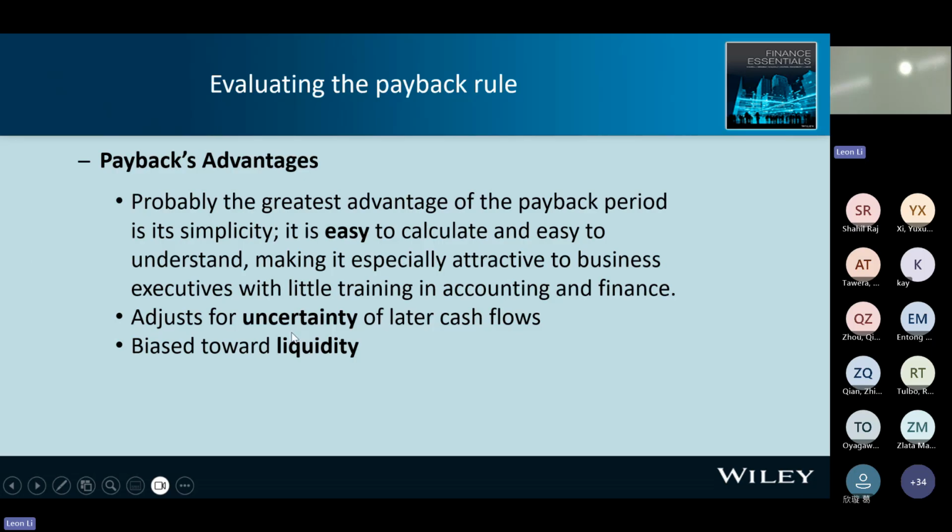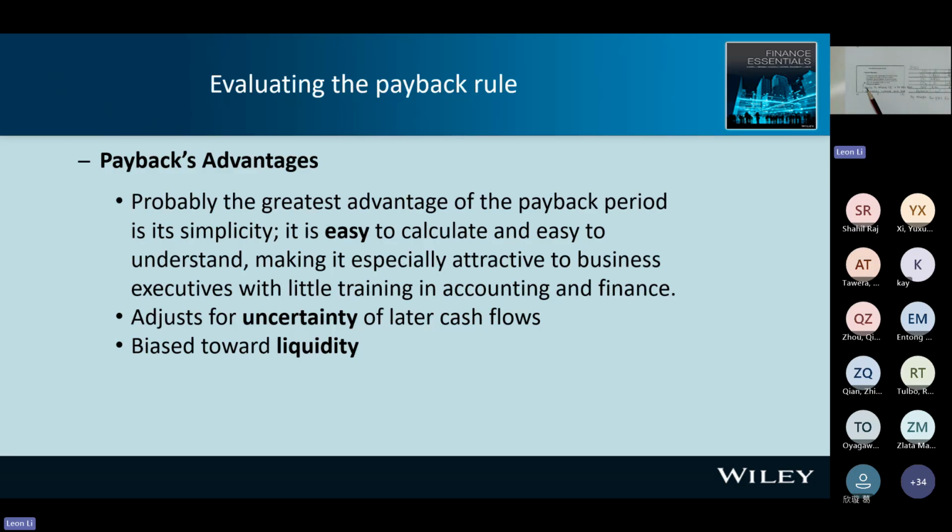Second, it adjusts for uncertainty of the later cash flow. I'd like to address this issue, uncertainty. Let me show you my handwritten note here. When we do the payback, you can see we consider cash flow at year 1 first, CF1 first, then CF2, and then CF3.